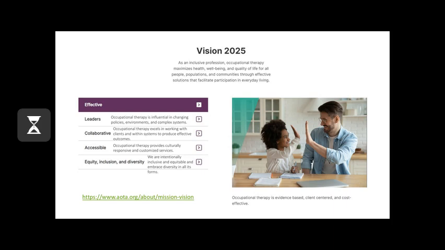I went to the AOTA website and I have the link here, and it's also posted in the course space if you want to go and learn more about Vision 2025. But the pillars are effective. And if this were live and you were to click on this, it would bring you to this image with this statement that occupational therapy is evidence based, client centered, and cost effective.